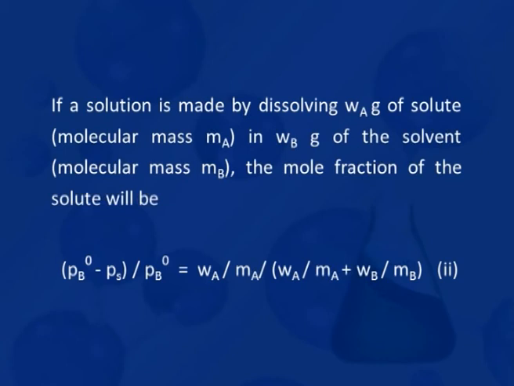Then relative lowering of vapor pressure will be equal to mole fraction of solute and we will get the expression (P naught B minus Ps) upon P naught B equal to (Wa upon Ma) upon (Wa upon Ma plus Wb upon Mb).